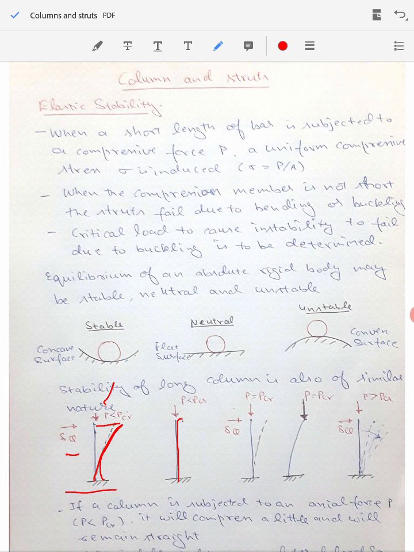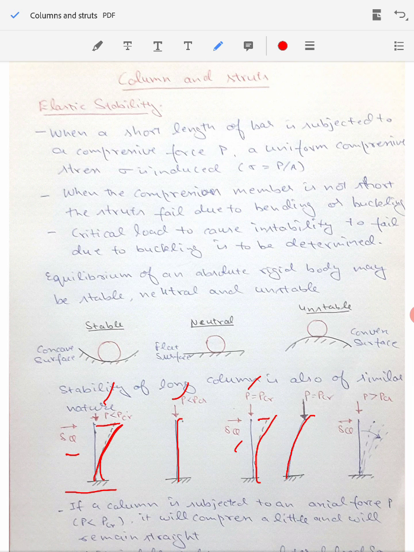But when we increase the amount of axial load P, say we increase the value from P to PCR, which is a certain critical value of the load, and apply the disturbing force again, it will achieve a new deflected shape. And when we remove this delta Q, even after that removal, it will remain in this deflected configuration.